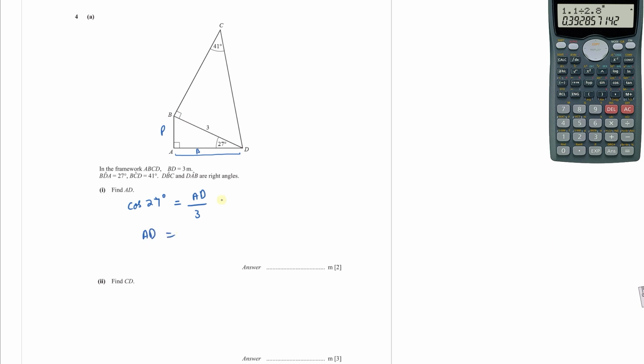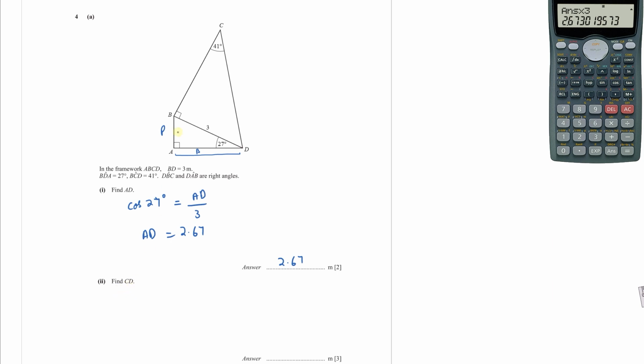So AD will be simply cos of 27 multiplied by 3, which I'll have to write up to 3 significant figures. So this will be 2.67 meters.